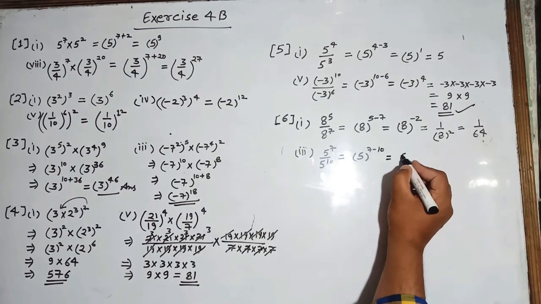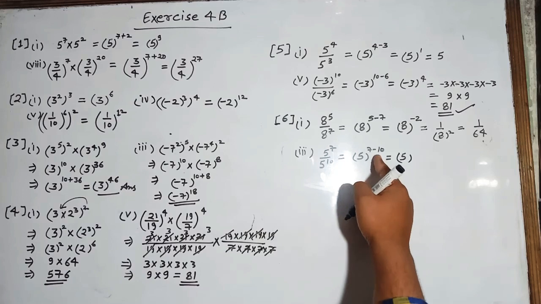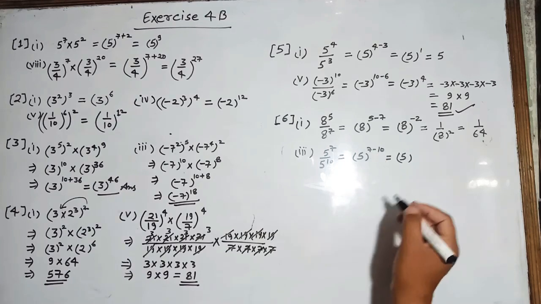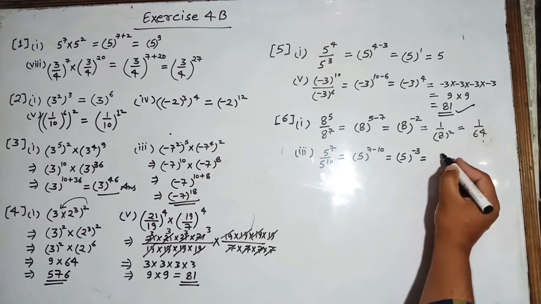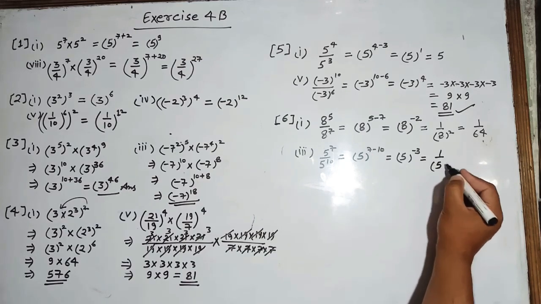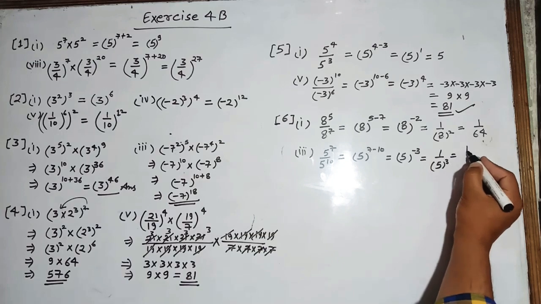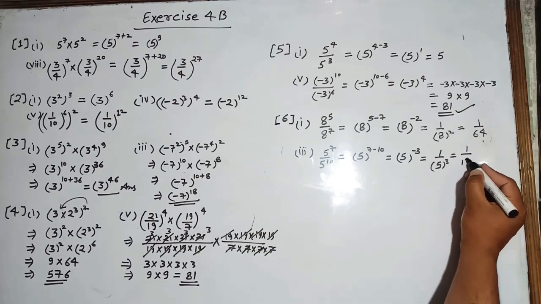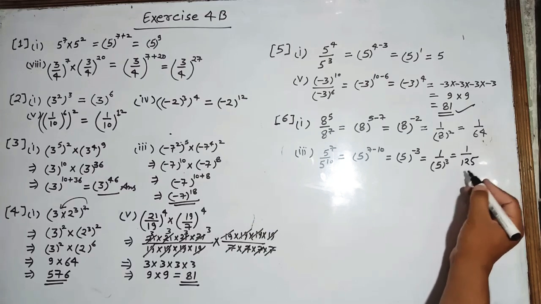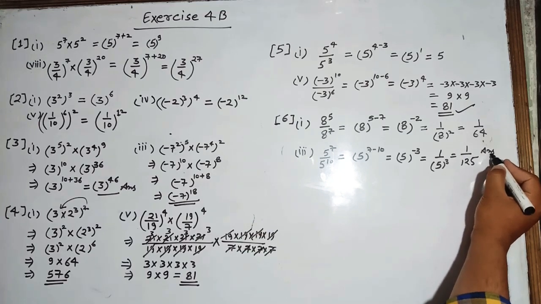So 5 to the power, it will be minus... the greater number having the negative sign, so it will be minus 3. 10 minus 7 we will do, and we can write it as 1 upon 5 to the power 3. So it will be equal to 1 upon 5 5 ja 25 and 25 5 ja 125. So this will be our answer.